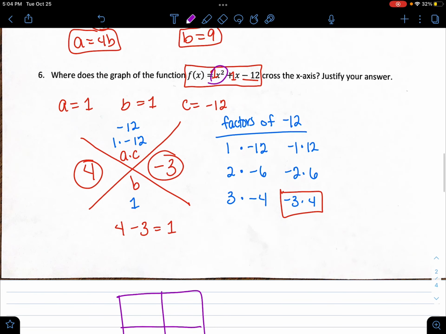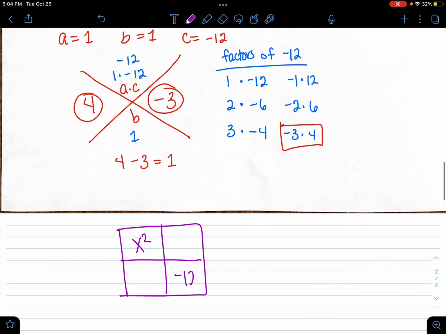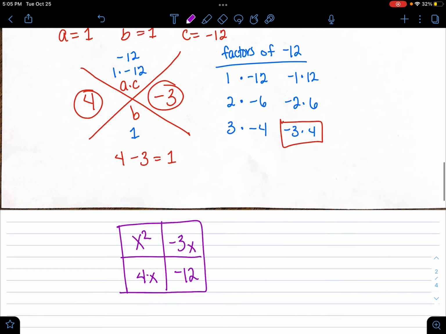First term, which is x squared, goes in the first box. Last term is negative 12, last box. And in the middle, we have negative 3x and 4x. What multiplies to x squared? It's x times x.